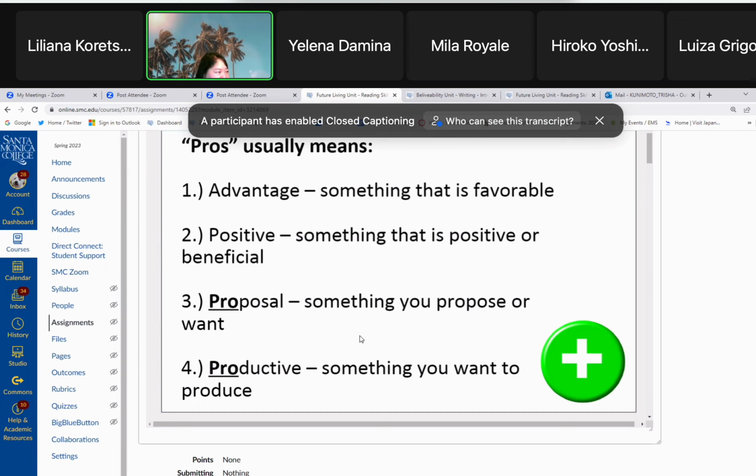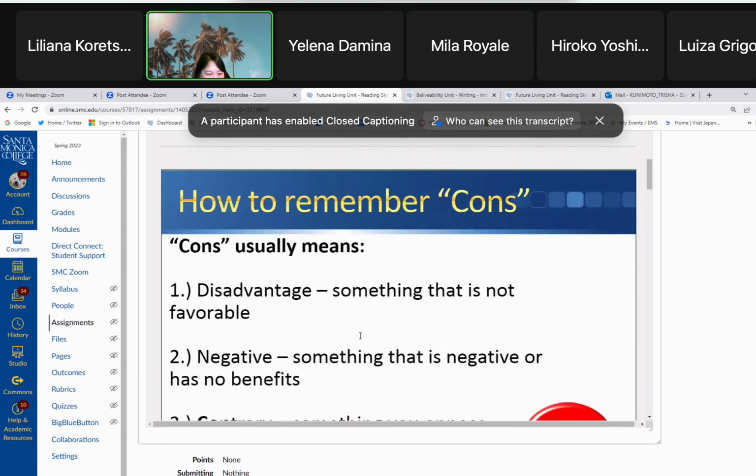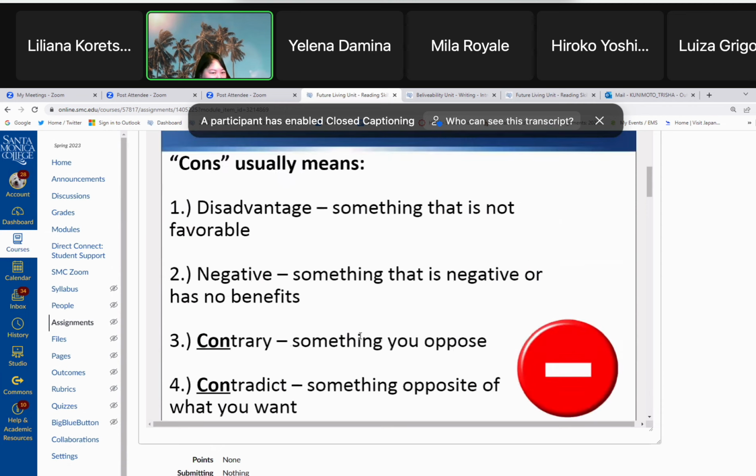Okay, so it is something where somebody is trying to convince you or bring something up they want you to know about, or maybe something they want to make or do, some sort of action. Okay, so that's usually when we see those things in a reading, the author is supporting or they're pro that topic.